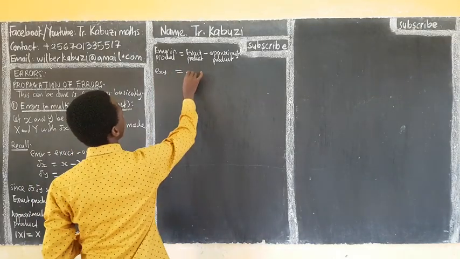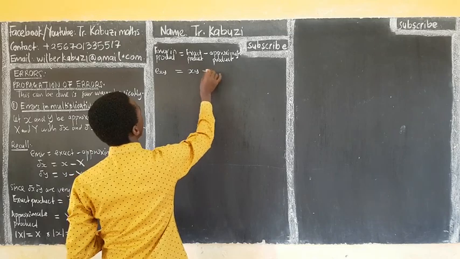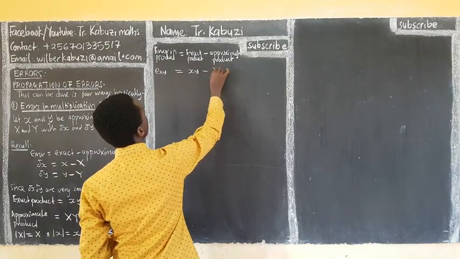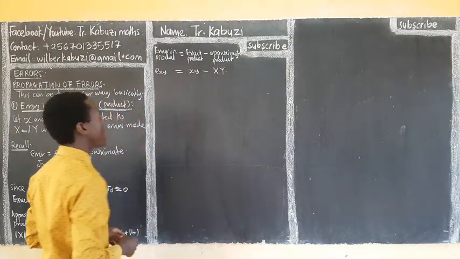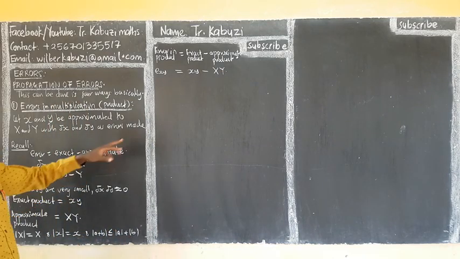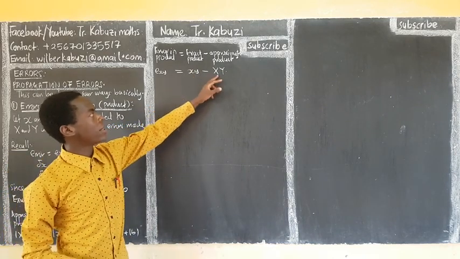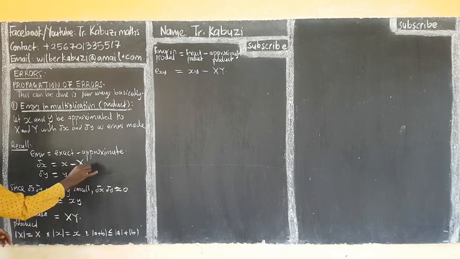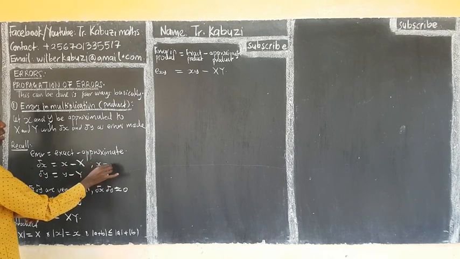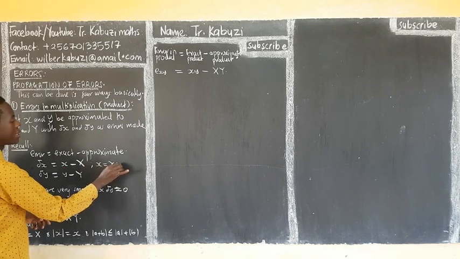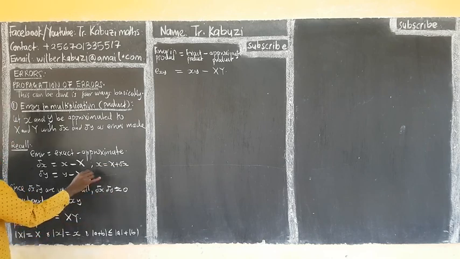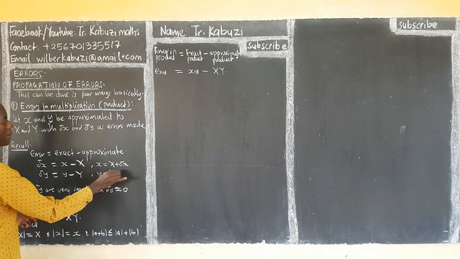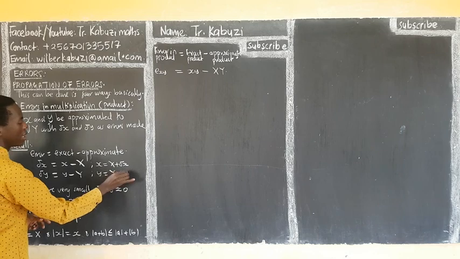Anyway, our error in the product, which is given by E(xy), will be given by the exact product, which is xy, minus the approximate product, which is capital X, capital Y. Now my task is to remove these ones and remain with only approximates. From here, I note that x will be equal to X plus delta x, and y will be capital Y plus delta y.